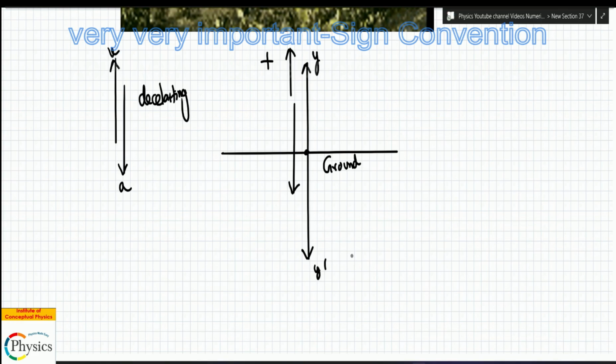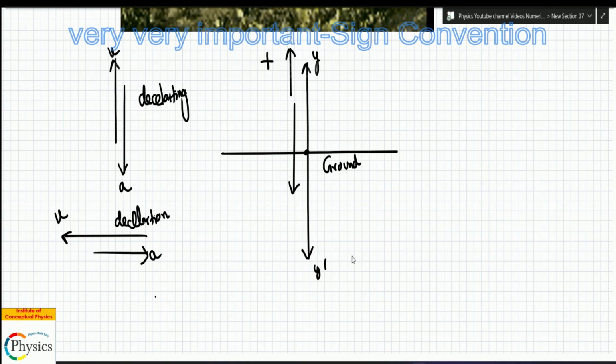Your car is going in a certain direction like this, but you're applying brakes, which means your acceleration is opposite, because you're applying brakes. So this is your acceleration, but your car is going forward. We will say this is a case of deceleration. So whenever the directions of velocity and acceleration are opposite, this is going to be deceleration.